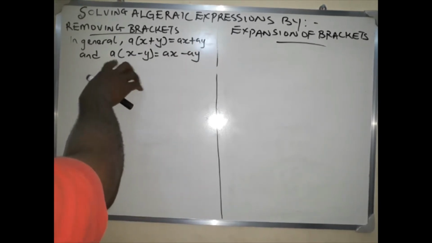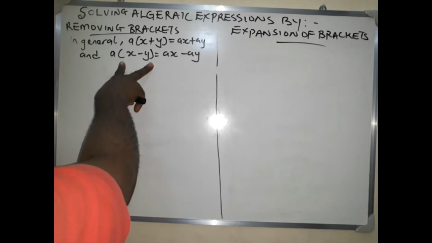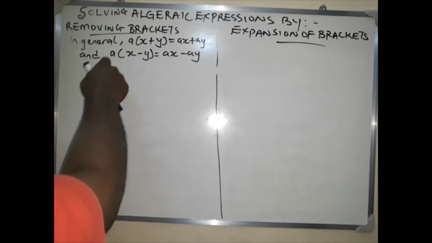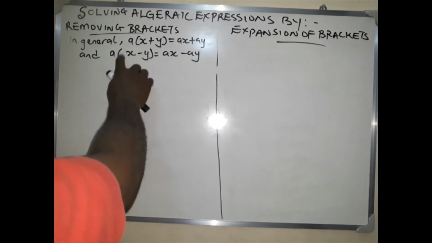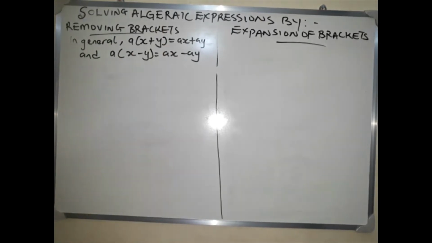Similarly, when we have a times bracket x minus y, to remove this bracket, we say a times x, which is ax, and then a times minus y, which is minus ay. So whenever you have a quantity multiplying a bracket, in order to remove that bracket, that quantity has to multiply everything inside the bracket.